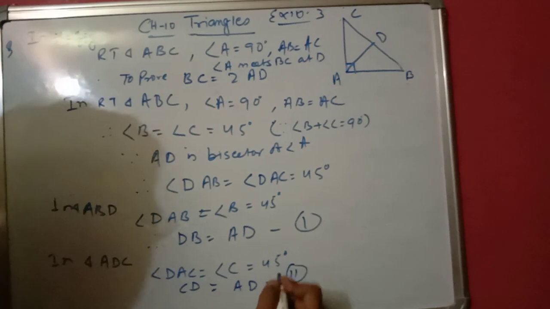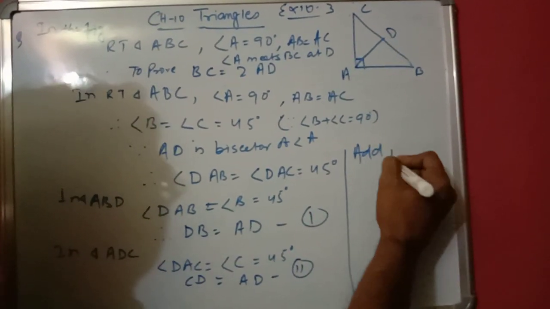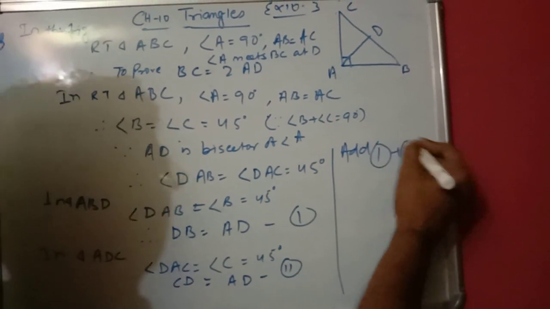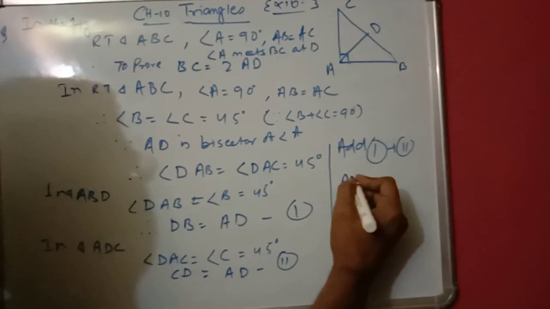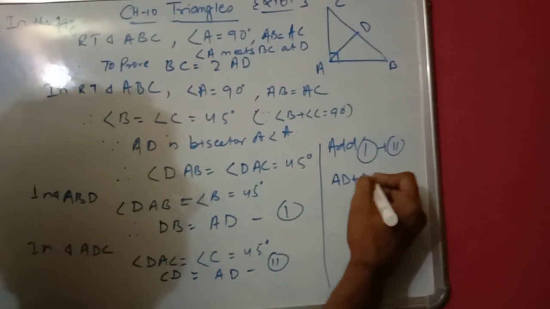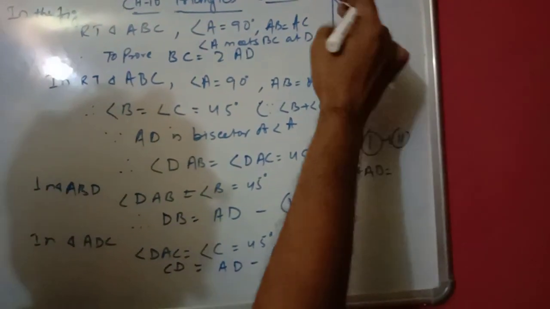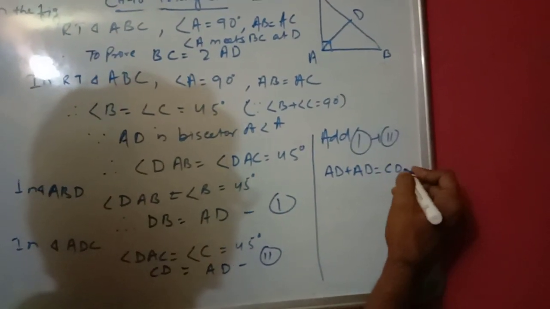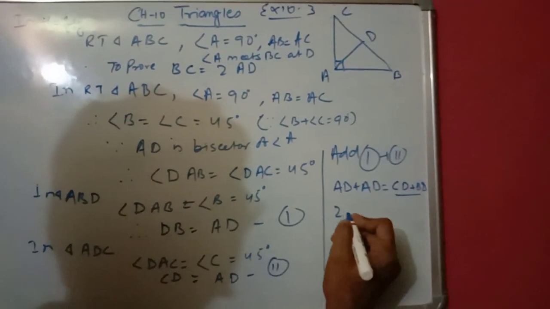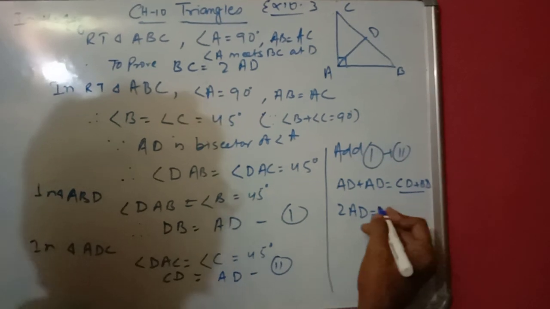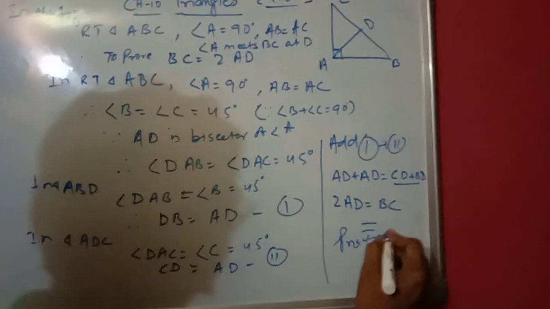This is equation 2. Adding equations 1 and 2, AD plus AD equals CD plus BD. This whole is equal to BC. Therefore 2AD equals BC. This is proved.